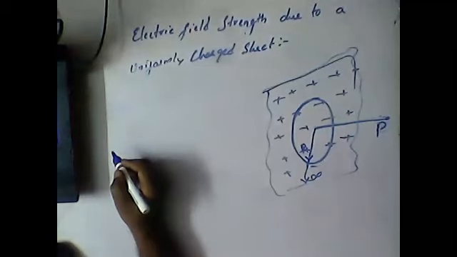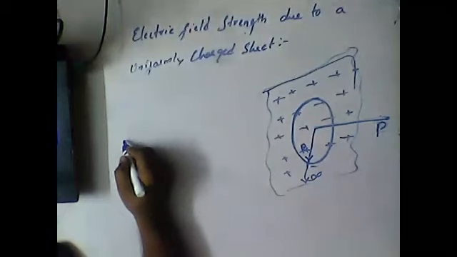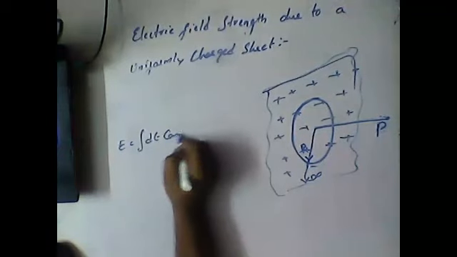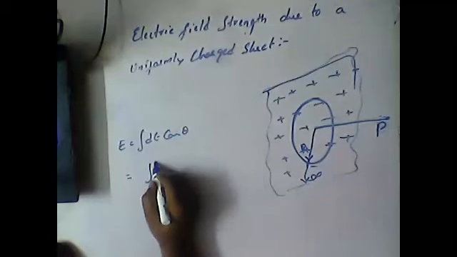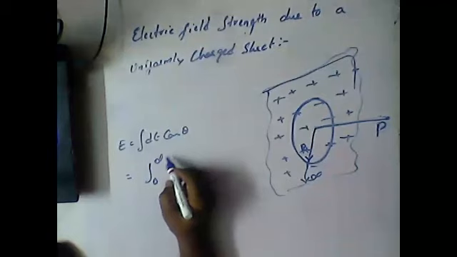the previous equation we are having is E is equal to integration of dE cos theta. We can write this as the integral from 0 to infinity. Previously we discussed 0 to r, but now we are discussing 0 to infinity.